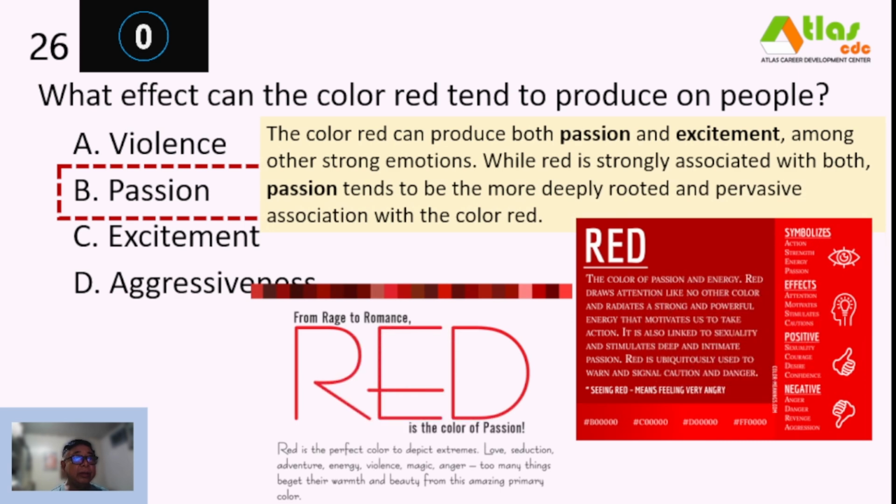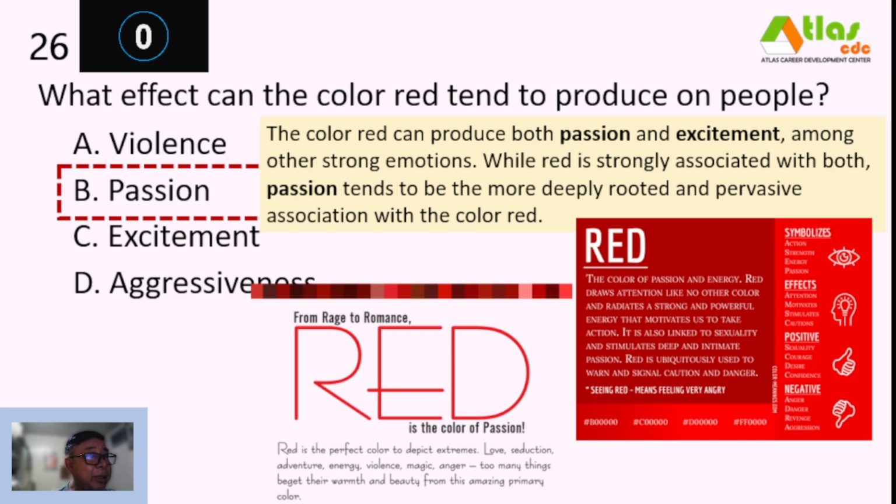So the color red can produce both passion and excitement, among other strong emotions. While red is strongly associated with both, passion tends to be the more deeply rooted and pervasive association with the color red. So red is the color of passion and energy.